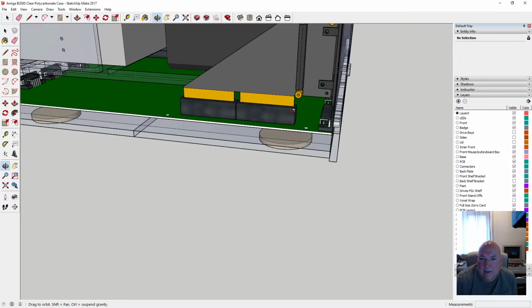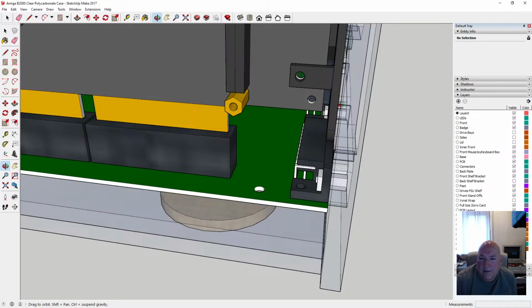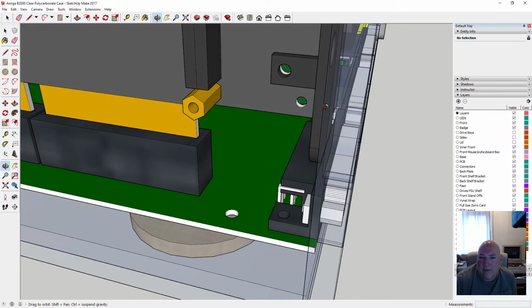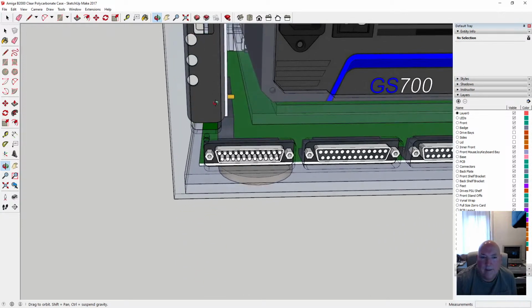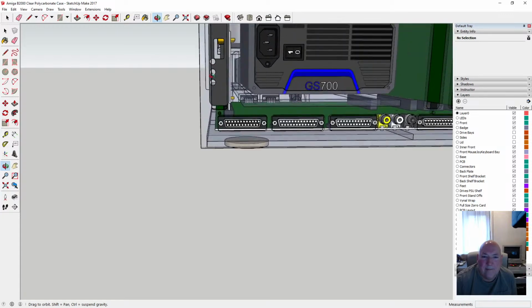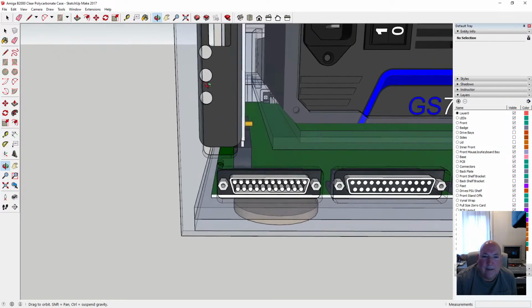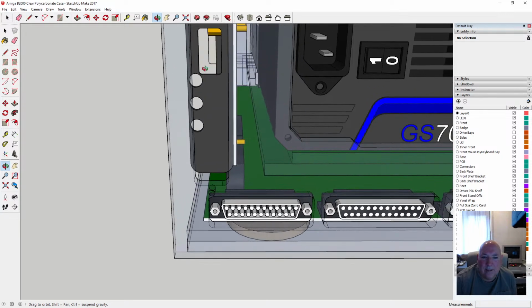So that bracket would hit the, yeah, so we've got, already we can see a problem there. Where the buttons are hard to press once that's in.